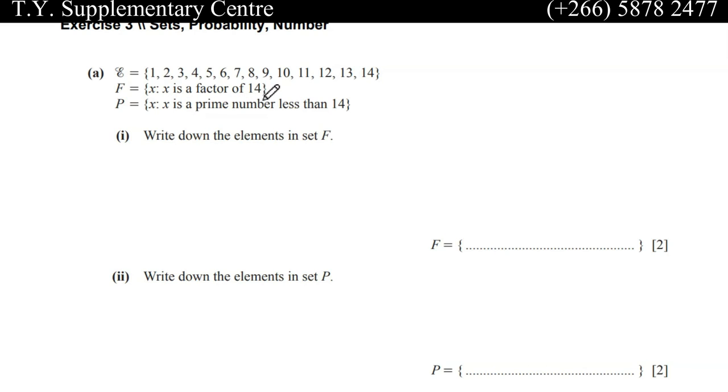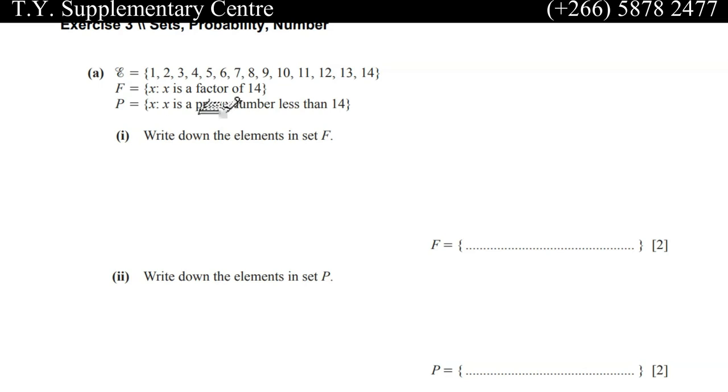Remember, factors of a number are numbers which can divide that particular number without leaving a remainder. And then set P, this is the description of set P.